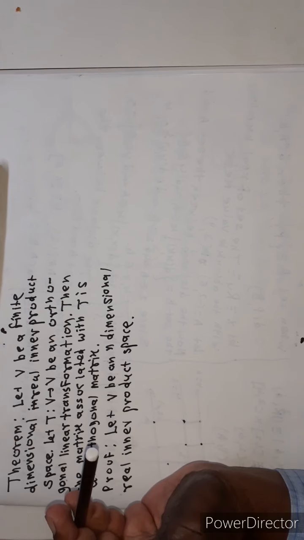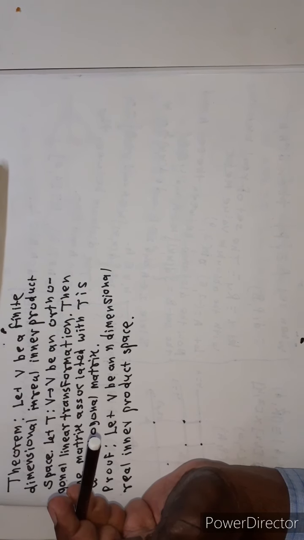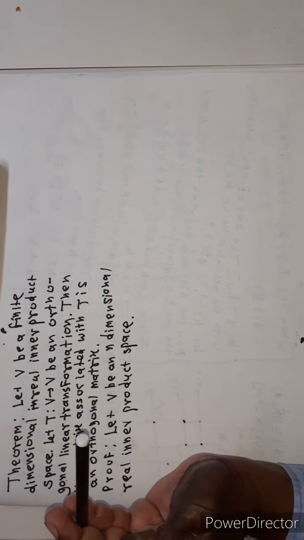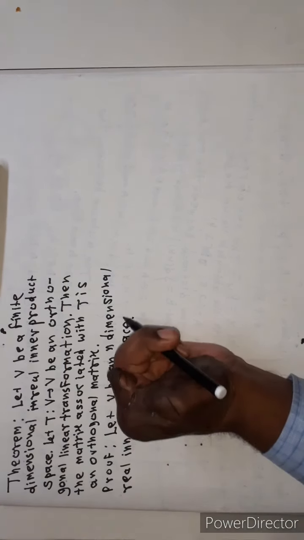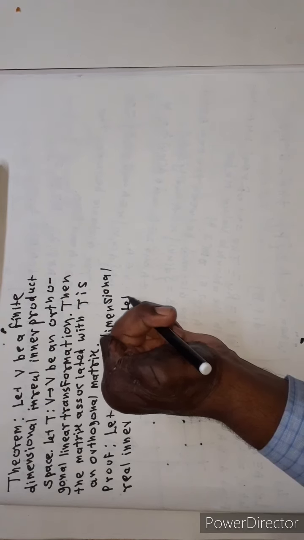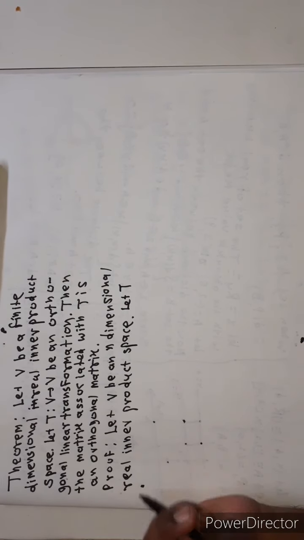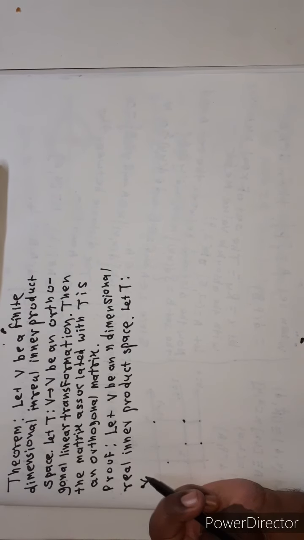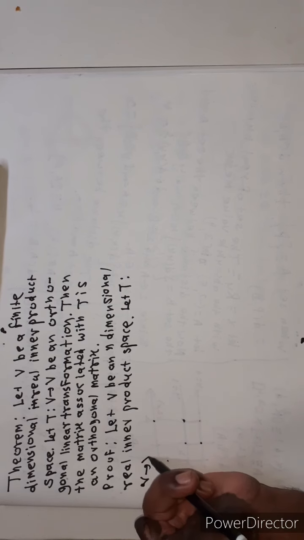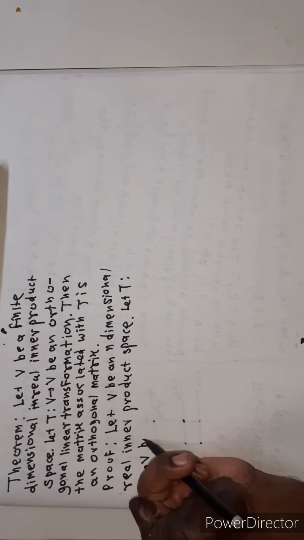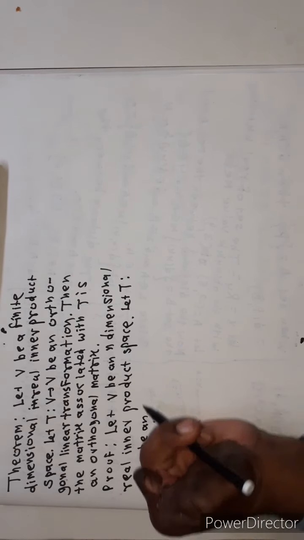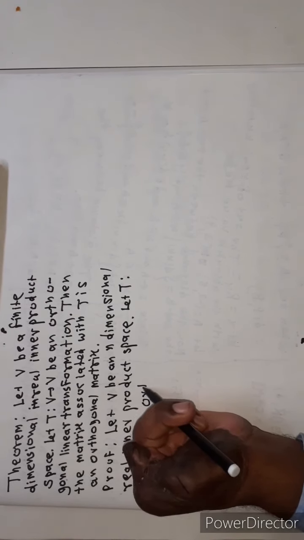Means we are assuming that V is a finite dimensional real inner product space which has dimension n, and let T from V to V be an orthogonal linear transformation.